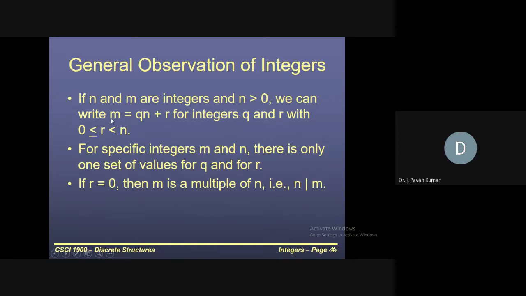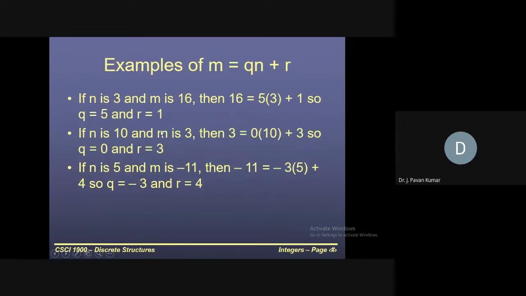One restriction is that n is greater than 0 and r is between 0 and n minus 1. r can be 0, or up to n minus 1, any number. So we can write m as q into n plus r. This we have seen in the previous class, and some examples also.